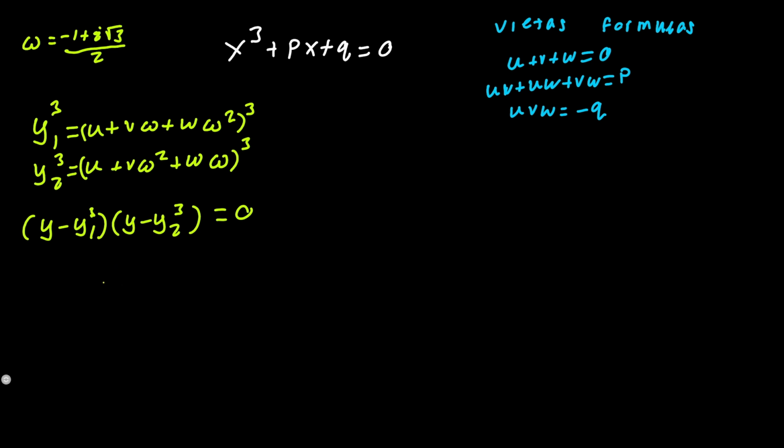And here we will simply expand, which gives us y squared minus the sum of the roots, y1 cubed plus y2 cubed, all multiplied by y, plus y1 y2 cubed.